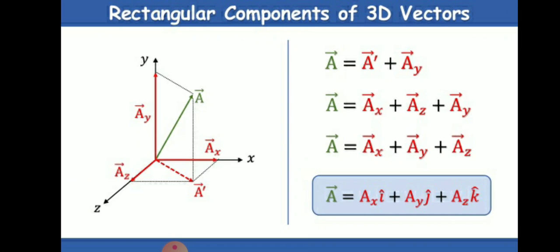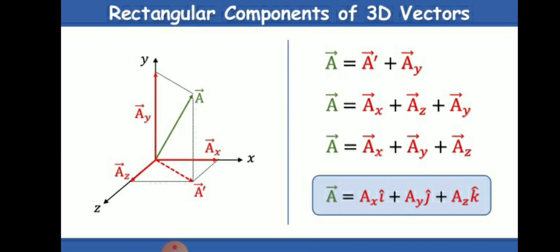Now the rectangular components of three-dimensional vector. If we represent the vector in three dimensions, then the components will be 3, isn't it? In two-dimensional you get 2 components. For a three-dimensional you get 3 components, because we are representing it in the 3 coordinate system.